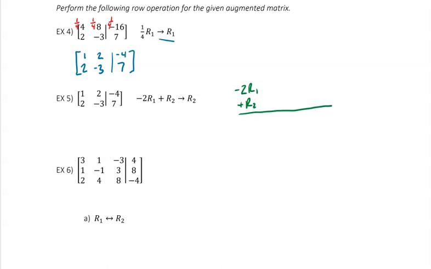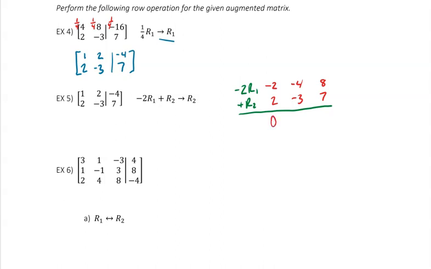So -2 times row 1 is going to be -2, -4, +8. We're just multiplying all of row 1 by -2 there. Next, plus row 2. So row 2 is 2, -3, 7. And then we're just going to add them up.